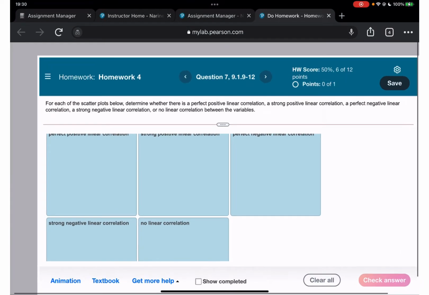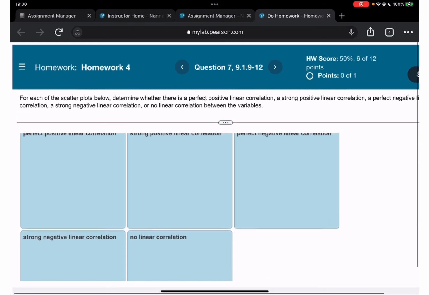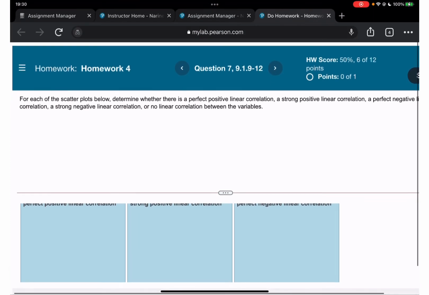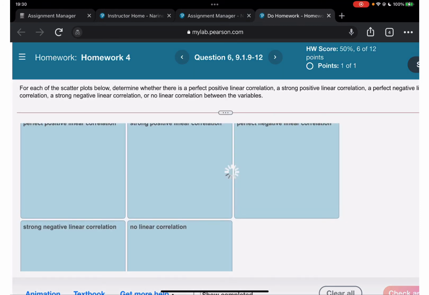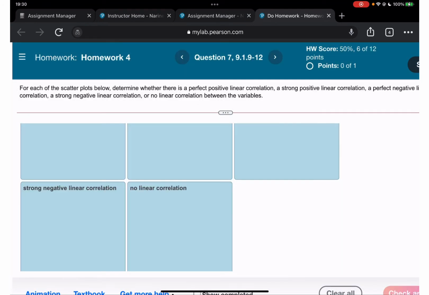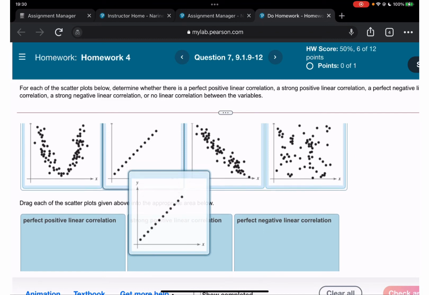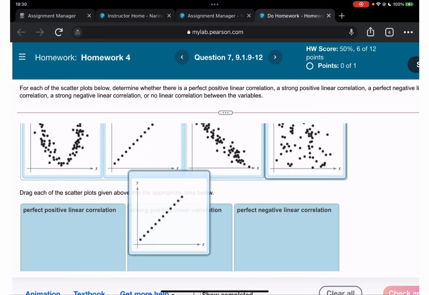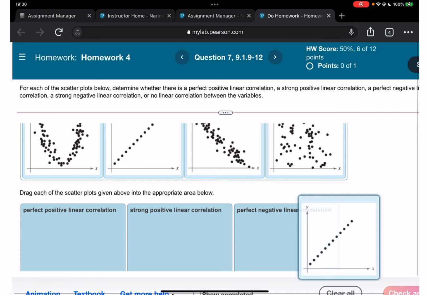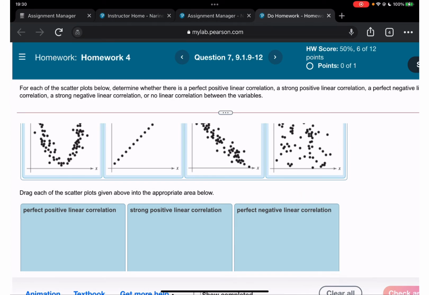Is it coming here? No. Well, I have to go back again. If I click on this, it's not coming. Okay, whatever. You already know that this straight line is going to be our perfect positive linear graph, and that's a perfect linear correlation.